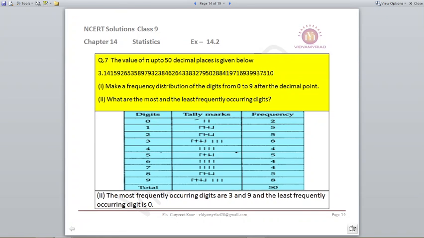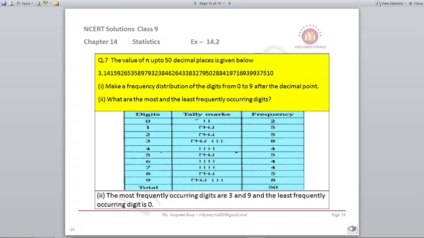Question number 7. The value of pi up to 50 decimal places is given below. You have to make a frequency distribution of the digits from 0 to 9. That means how many times the digits 0 to 9 are repeating. Based on that we will use the tally marks, and based on the frequency we have found that the most frequently occurring digits are 3 and 9 and the least frequently occurring digit is 0.